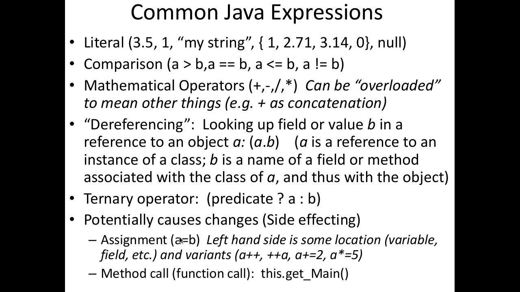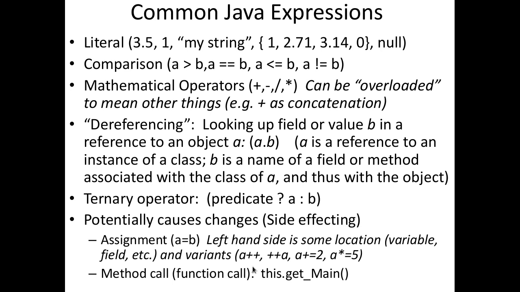So one thing you can get as an expression is something like A equals B. This actually assigns, meaning it makes A store whatever value is in B. After this, A will contain a value that's the same as the value that was in B, and that remains in B. Turns out this does something, but it also computes. It gives you that value, whatever it is that was in B, that's what it gives you as a result.